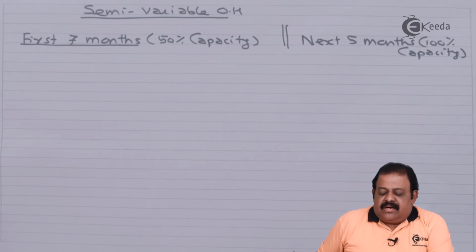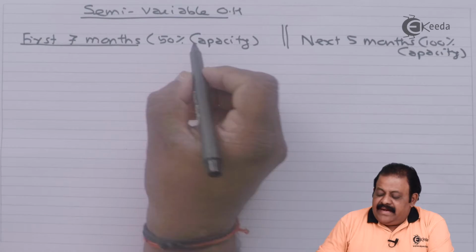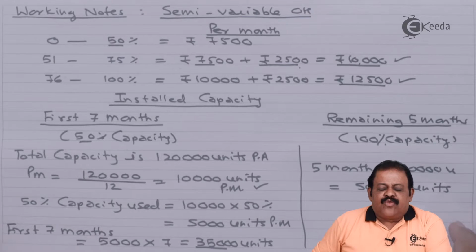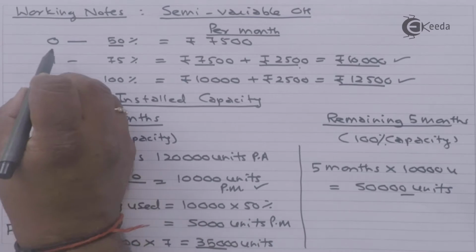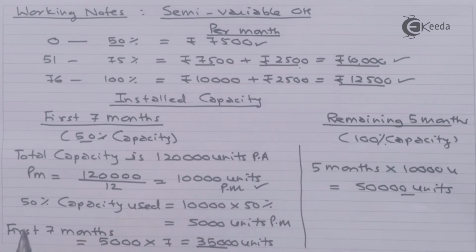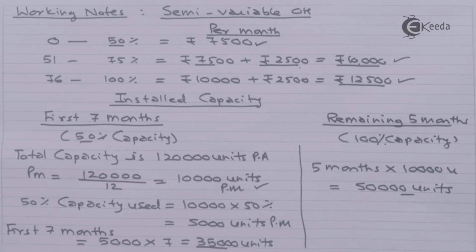During the first 7 months 50% capacity is used and during the next 5 months 100% capacity is used. As per the information in the question, if it is up to 50% per month it will be 7,500 and if it is 100% it will be 12,500.